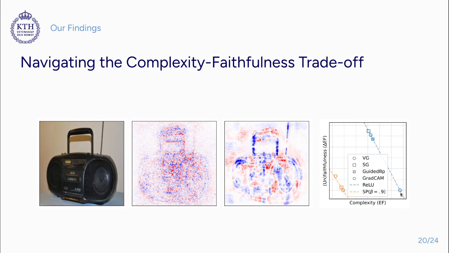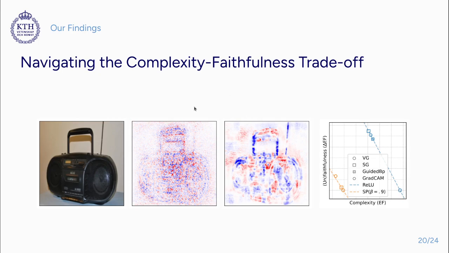If we take a vanilla grad, like the simplest thing you can do, just gradient, and do some post hoc reduction of complexity, you reduce the complexity like this. You go to the left, so you're reducing the complexity, but at the same time you are introducing unfaithfulness. Now it means it's not talking about the original network, it is talking about a soft or a smooth surrogate that is implicitly created by perturbations.